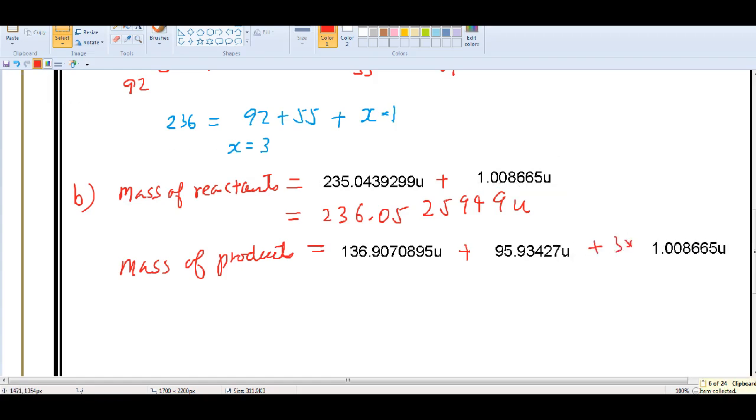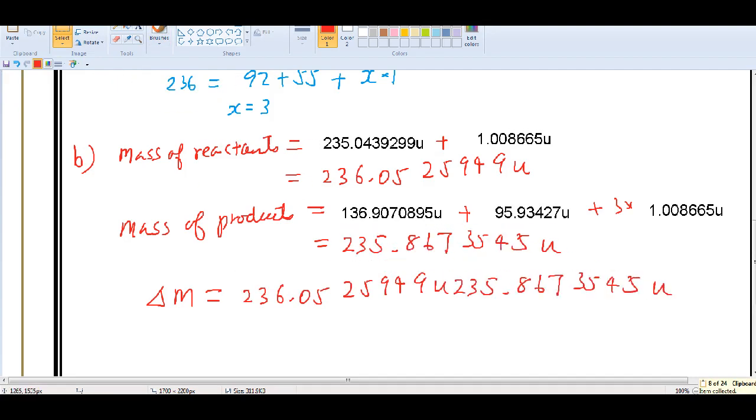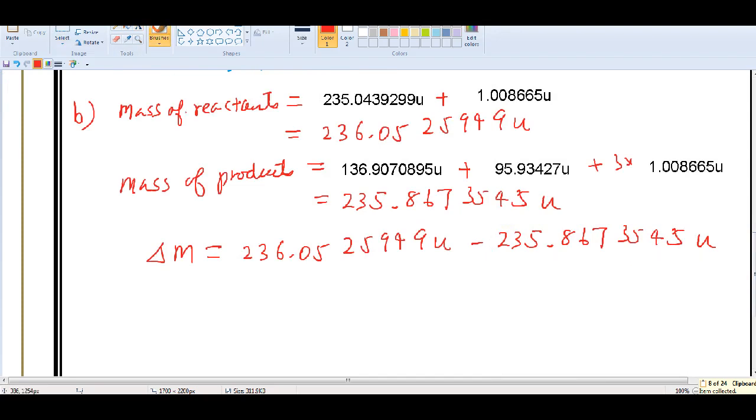Then you have to use your calculator, and that will give you 235.8673542 u. You see, obviously the mass of reactants is greater than the mass of products, so you could find the mass defect. The mass defect will be the first number take away this number, and that will give you the result.